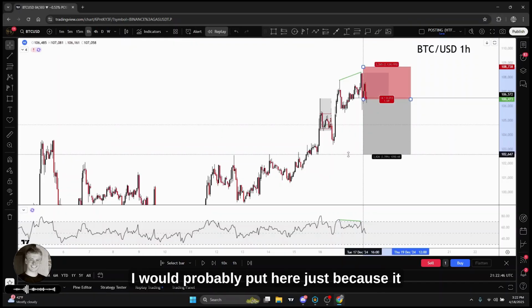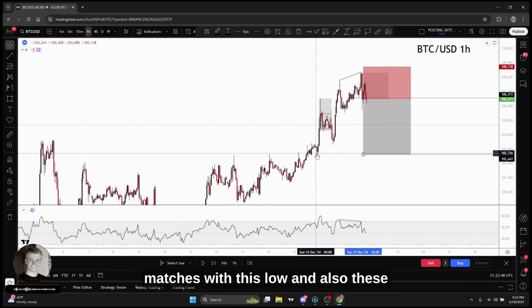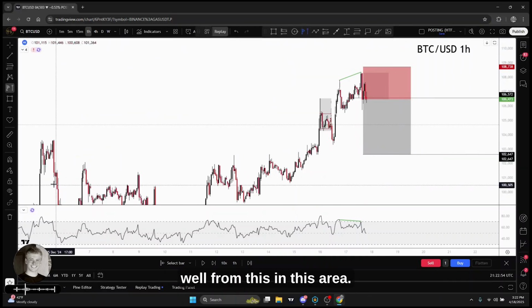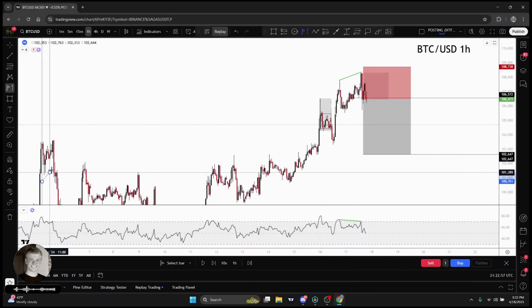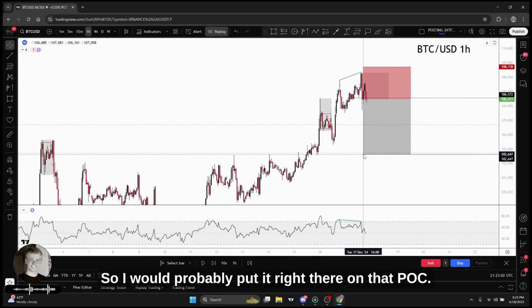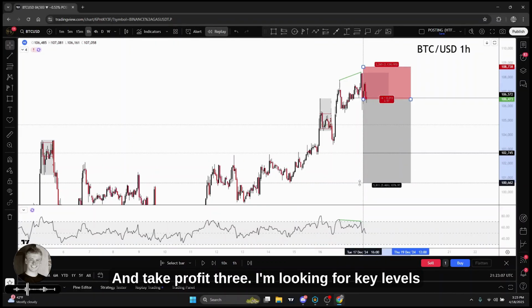Our second one I would probably put here, just because it matches with this low and also these highs, and also probably there's a POC right here as well from this area. So I would probably put it right there on that POC and take profit 3.